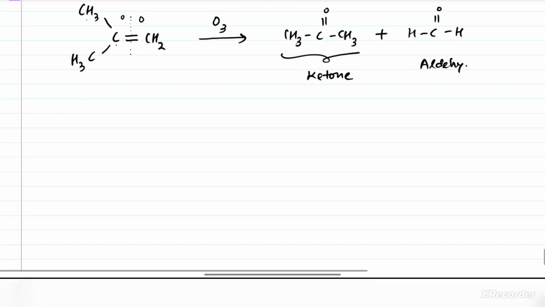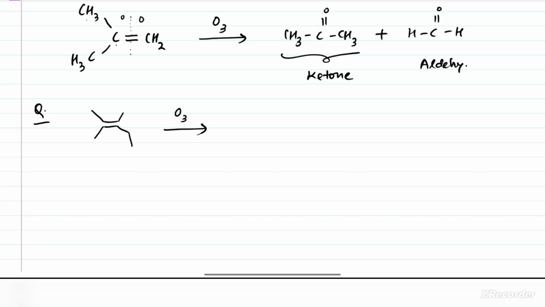All right, if I ask you to write the ozonolysis final product of this alkene, can we write? Yes, of course. Again, divide this alkene into two parts, put O on both sides.